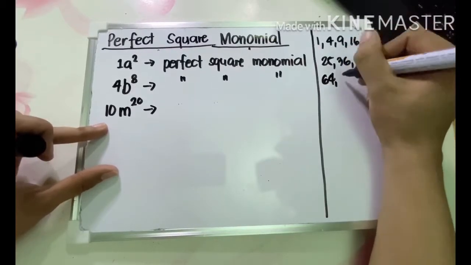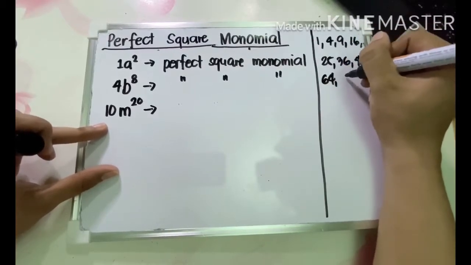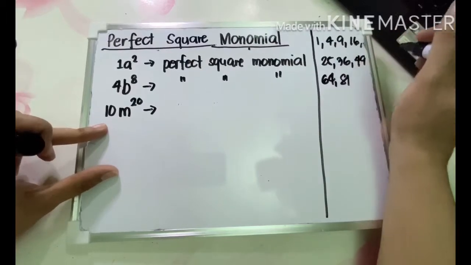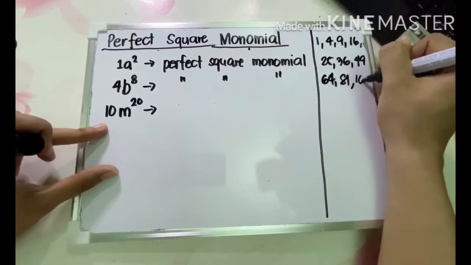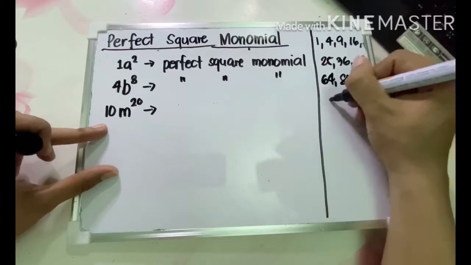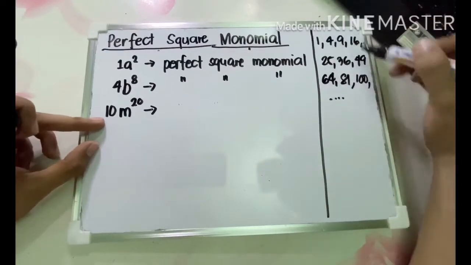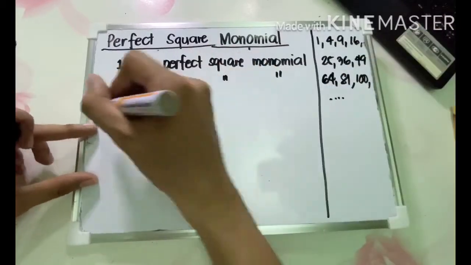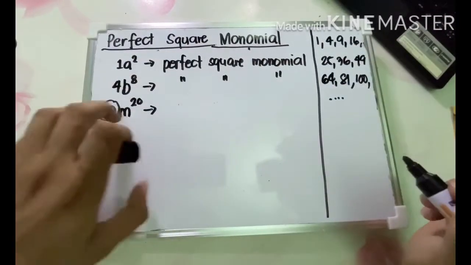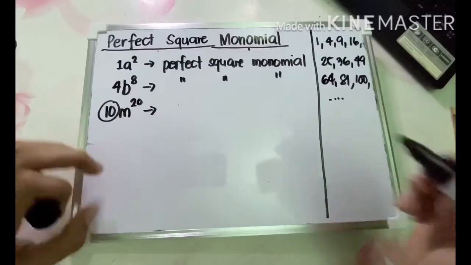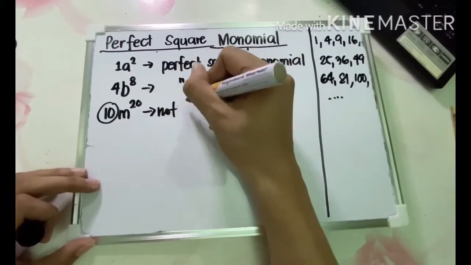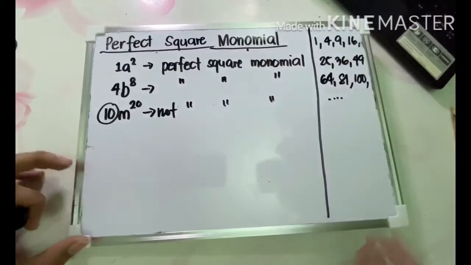We have also 81 for 9 times 9, and we have 10 times 10, 100. So on and so forth. So 10, we cannot see as our perfect square. Therefore, 10 makes the monomial not a perfect square. So this is not a perfect square monomial.